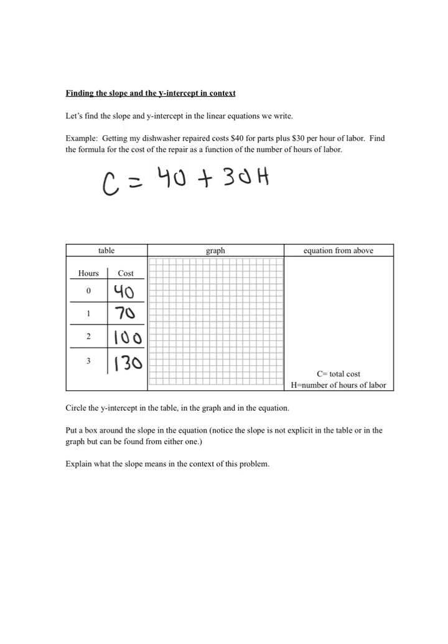So if I were to draw the graph here, we'll just do a quick sketch on the axis here. So that's H and C for your cost. Let's go out to, say, 5 hours.